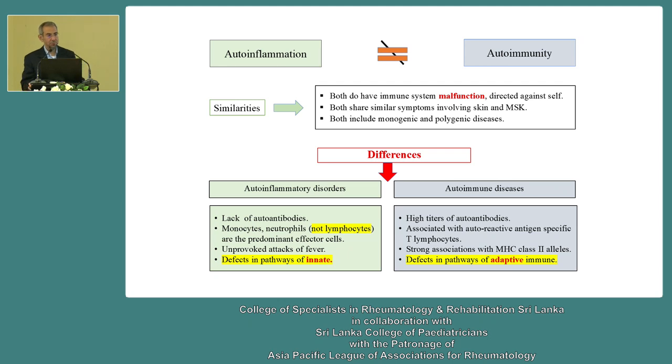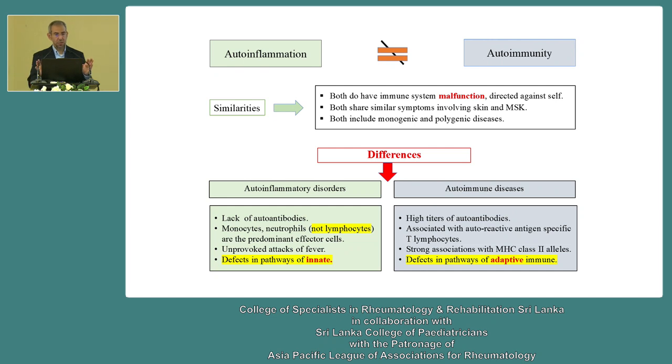Typically, autoinflammatory disorders present with unprovoked attacks of fever, while the autoimmune disease, typically they have progressive disease if not treated properly. And the most important point, autoinflammatory disease is due to defects in the pathways of the innate immune system, while in the autoimmune disease, the defect is in the pathway of the adaptive immune system.